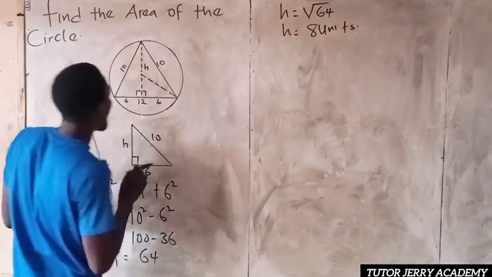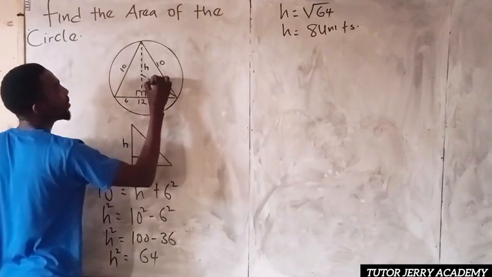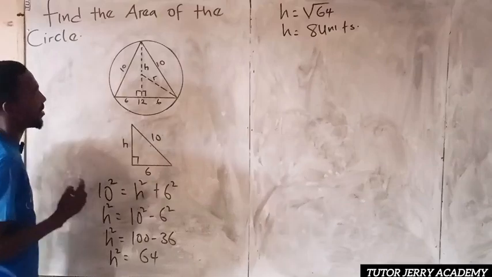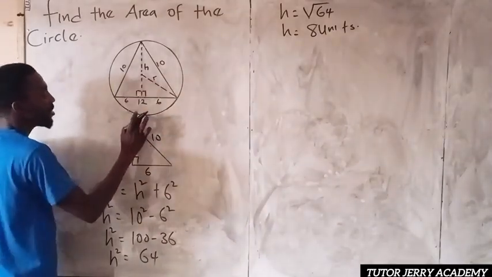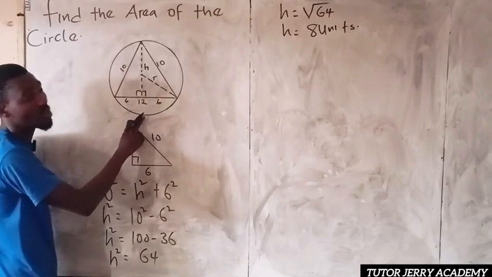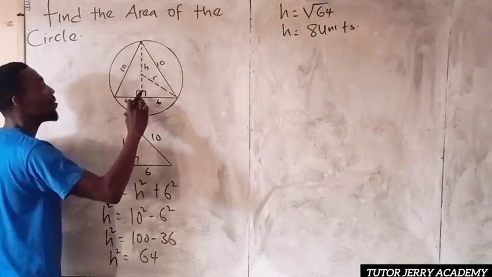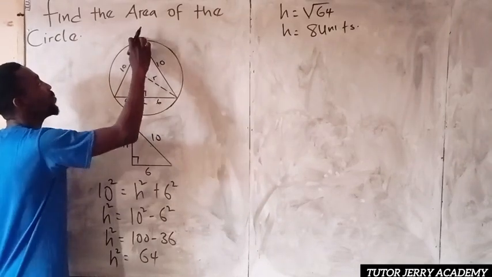Now we have joined that point. So here we are going to have R. Is that clear? That is a radius. Don't forget that from this point to this part of the circle is also a radius.